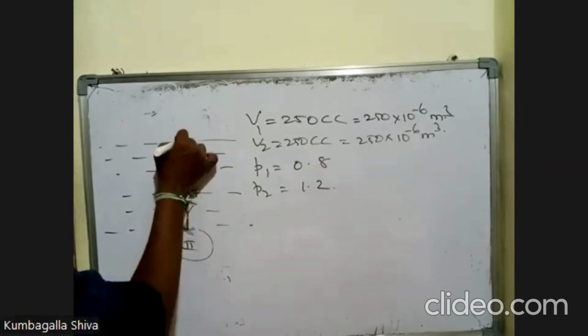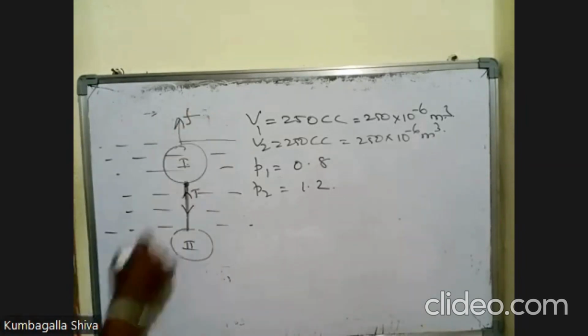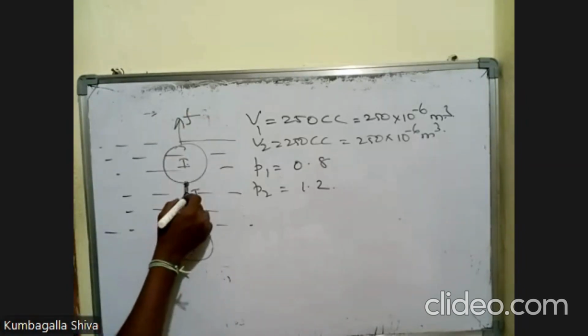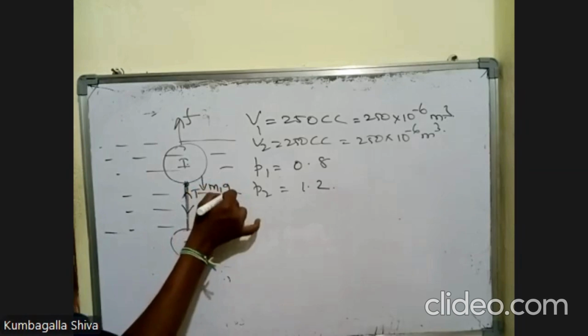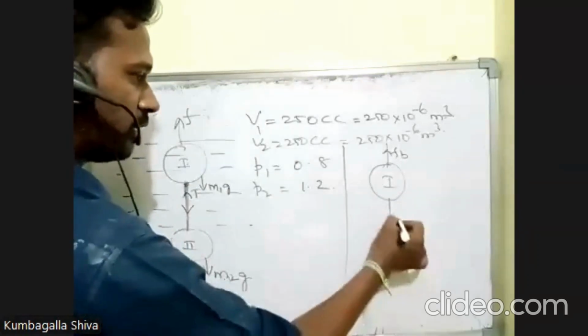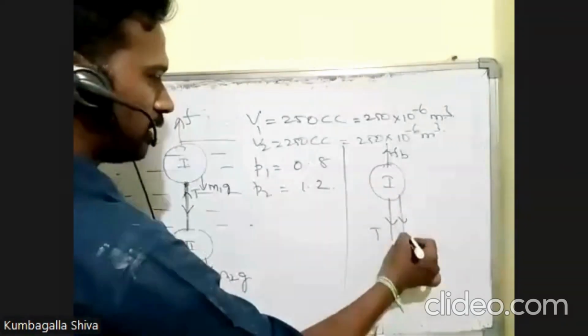Now both will have the buoyancy force. For the first sphere, this is the buoyancy force, the tension is acting downwards, and the weight m1g is also acting downwards.